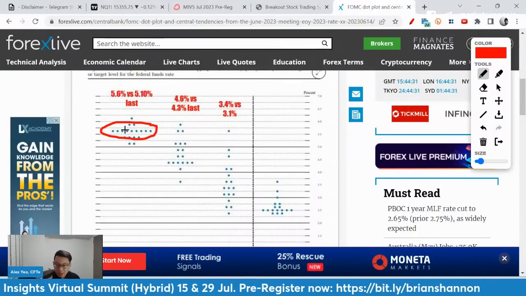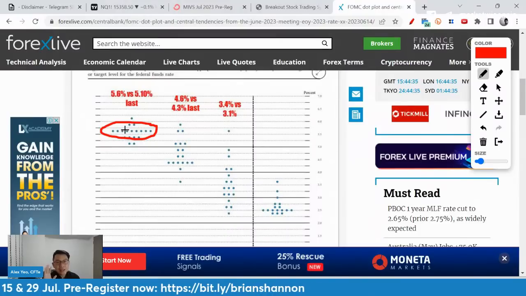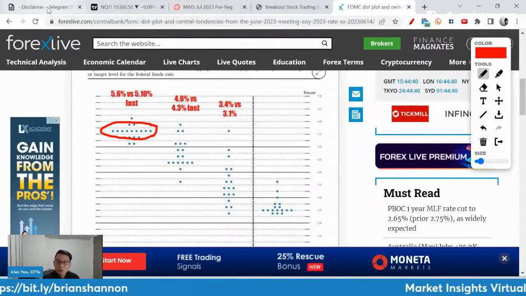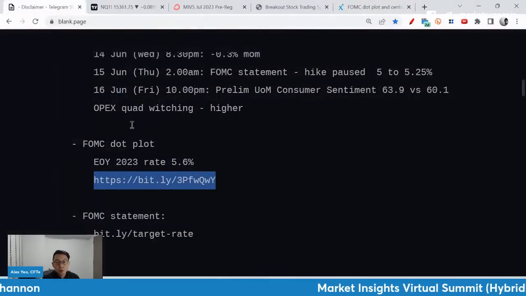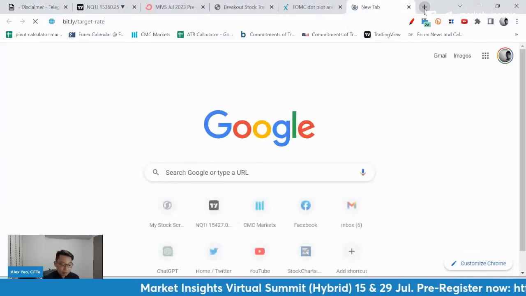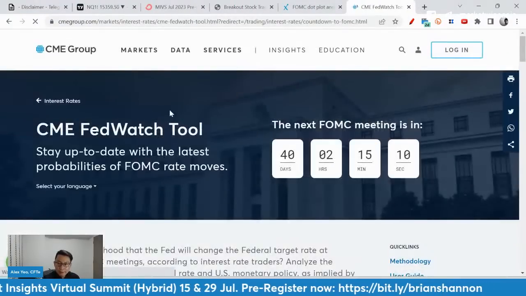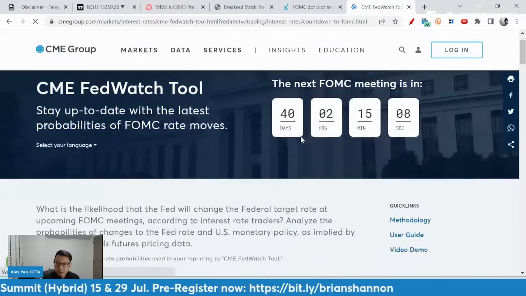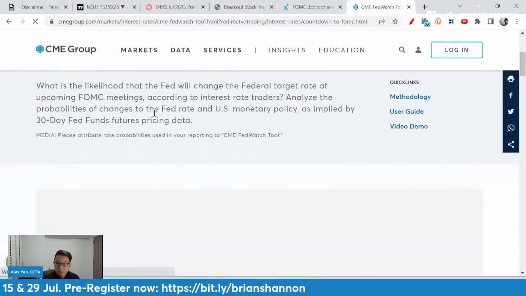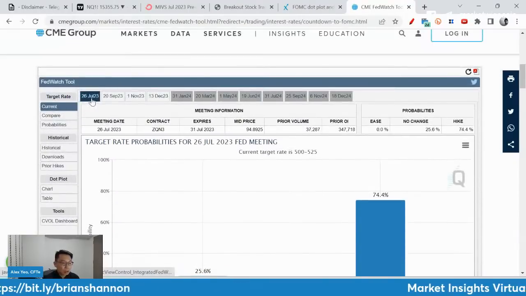Jerome Powell has mentioned that July is most likely a live FOMC session. Based on the futures data from the CME tool, the next FOMC meeting is in 40 days, on the 26th of July.